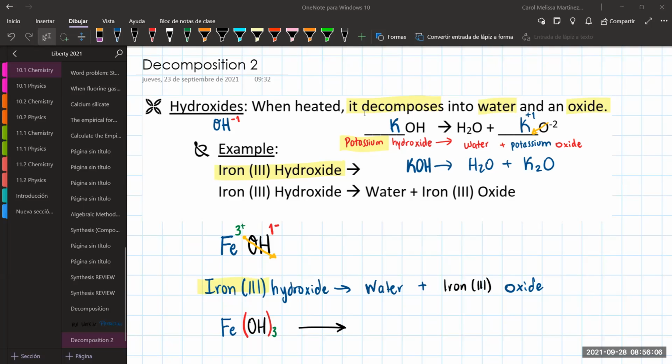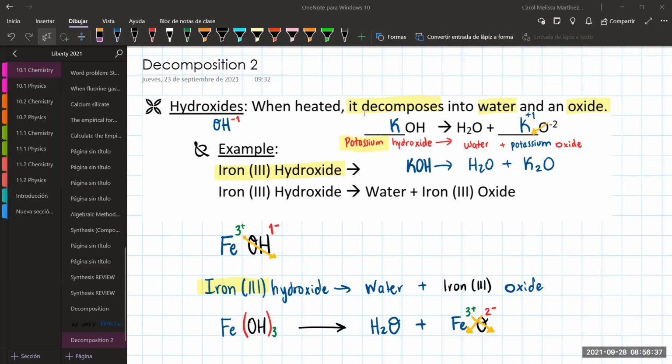So now we're going to turn these words into a formula equation. Water, you know the formula is H2O, and iron 3 oxide is going to be iron with a charge of positive 3 and oxygen with a charge of -2. Because the two charges are different than 1, you're going to crisscross the two of them.